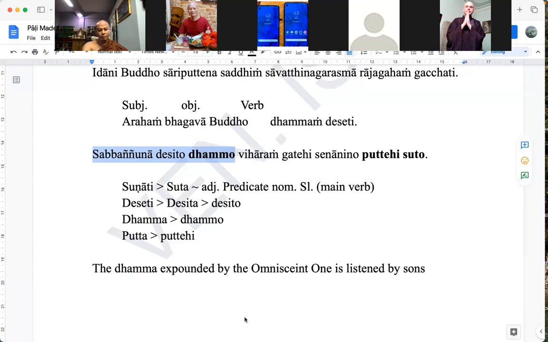We can understand if we analyze in this way. So the Dhamma is founded by the omniscient one, in this way.